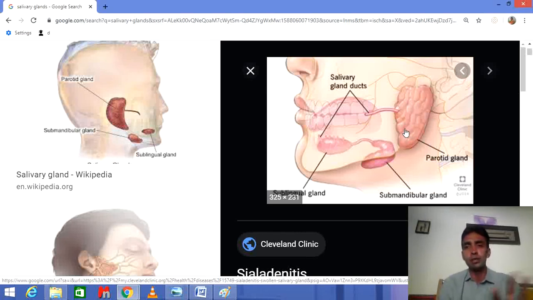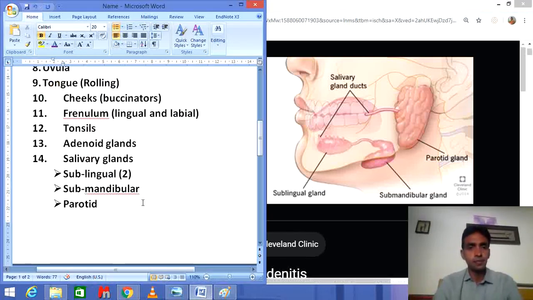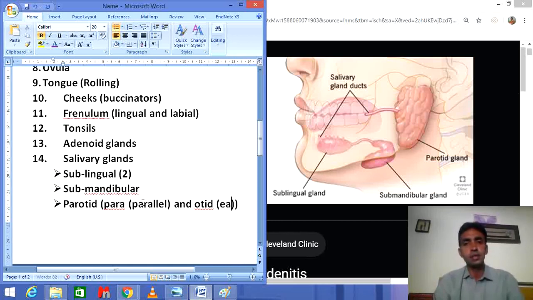Parotid is derived from the words para and otid. Para means parallel or aside, and otid means ear.